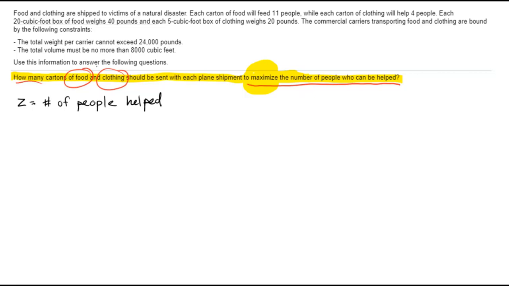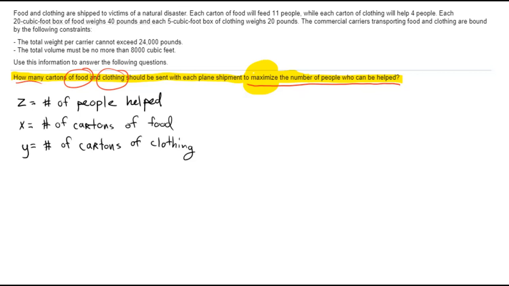So those will be our other two variables: the number of cartons of food and the number of cartons of clothing. So z is the objective, which is to maximize the number of people helped, and then x and y are what we have control over to reach that objective. In this scenario, it's the number of cartons of food and the number of cartons of clothing.